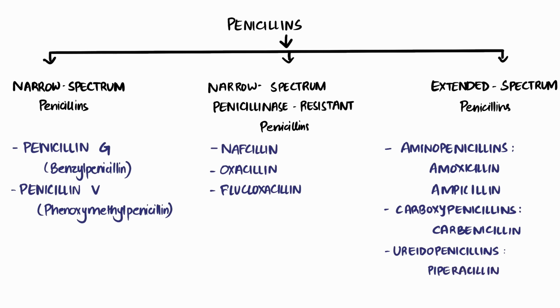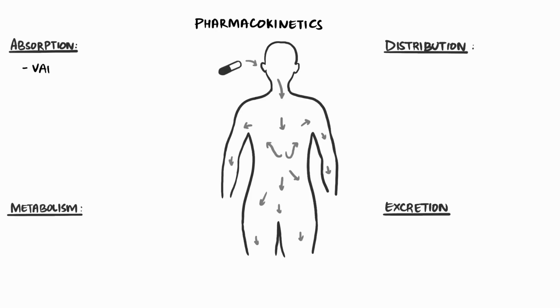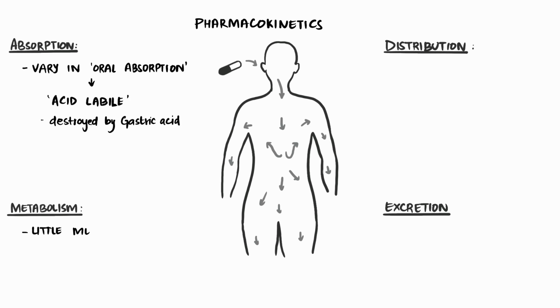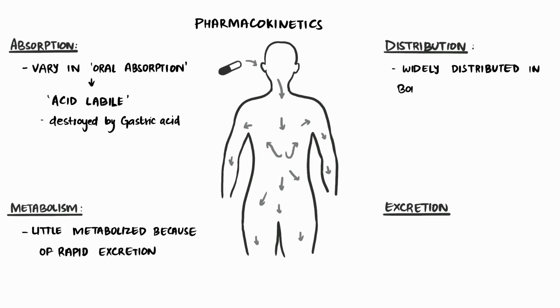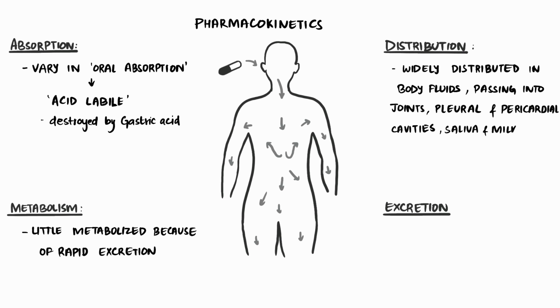Now let's look at the pharmacokinetics. Penicillins vary in their oral absorption as some are acid labile, that is, destroyed by the gastric acid. It is very little metabolized because of its rapid excretion. Penicillins are widely distributed in body fluids, passing into joints, into pleural and pericardial cavities, into bile, saliva, and milk.